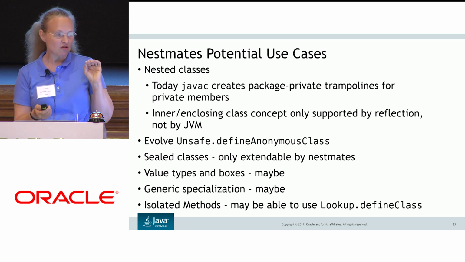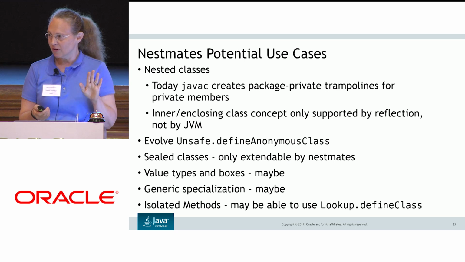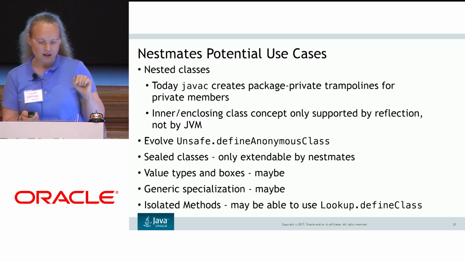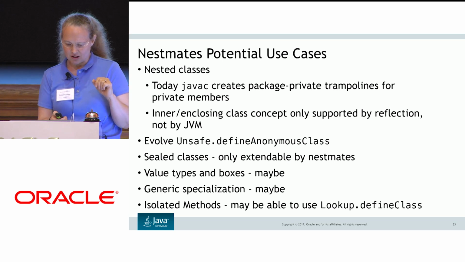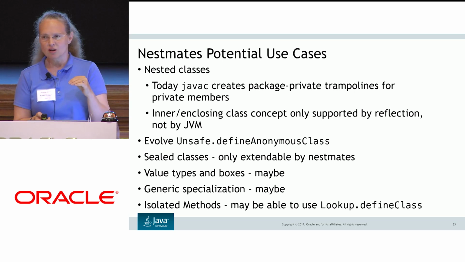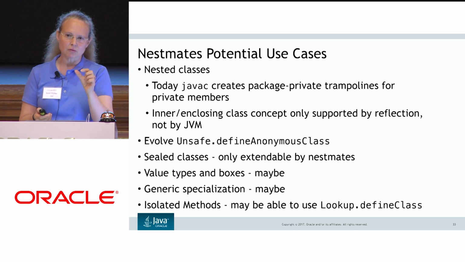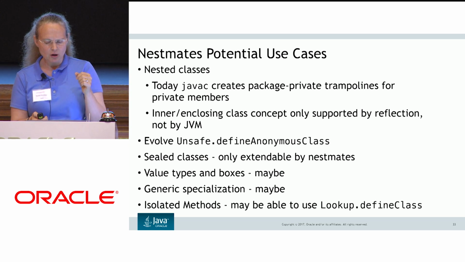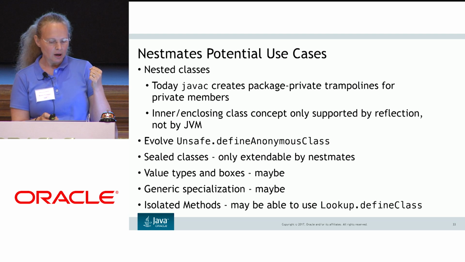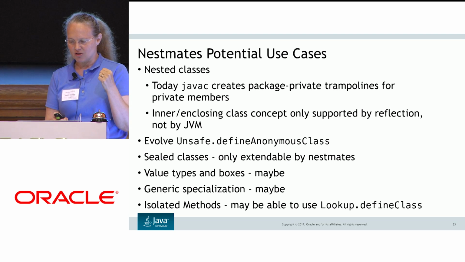Same with generic specialization, implementation specific, may or may not need this. Isolated methods may be able to take advantage of it. So the key message is we didn't just do this to solve a problem we've already solved in a not the best possible way, but solved. By adding them all together, we think this has multiple valuable applications.